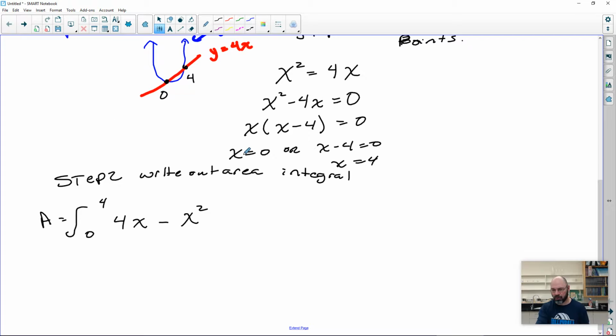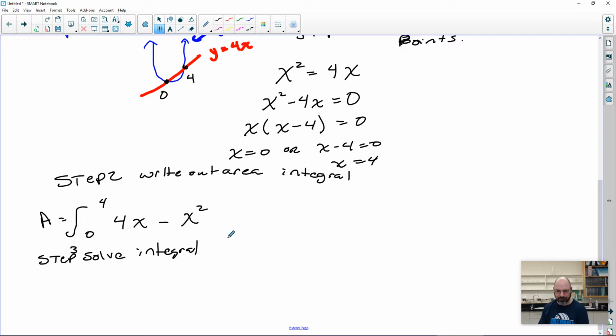And now we have to use integration rules and work it out. That's step 3, to solve the integral.